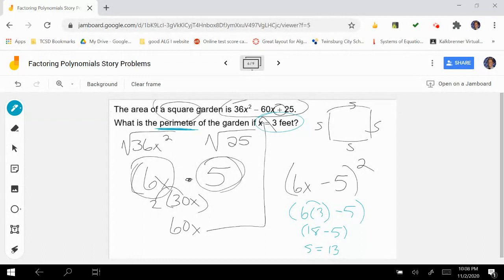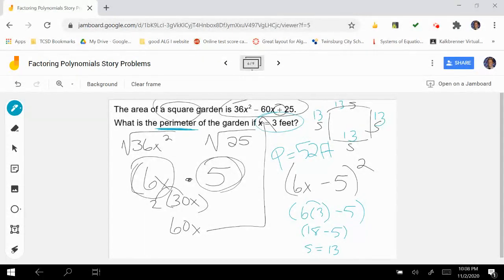What does perimeter mean? All the sides added up. So what's 13 plus 13 plus 13 plus 13? Well, 13 plus 13 is 26. 26 doubled is... The perimeter equals 52 feet.